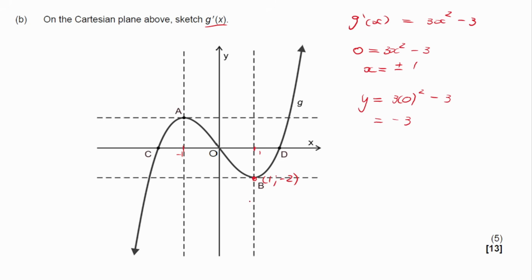So let's remember that. So here's negative 2. So approximately about here will be minus 3. Y is equal to minus 3. And we know that we're plotting a parabola, and we know that the parabola looks something like this.